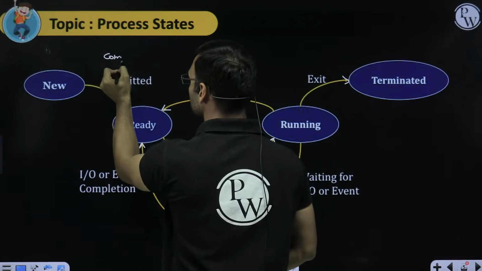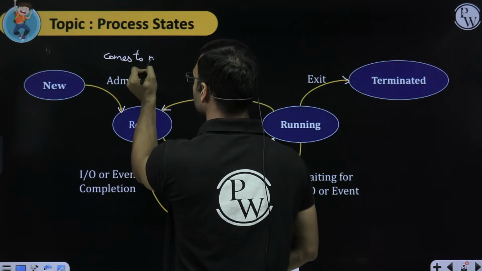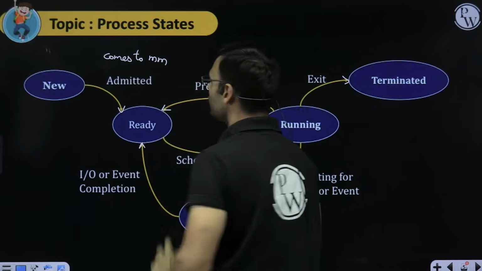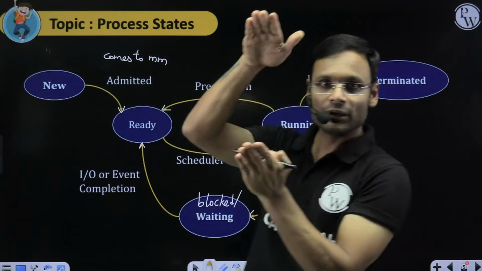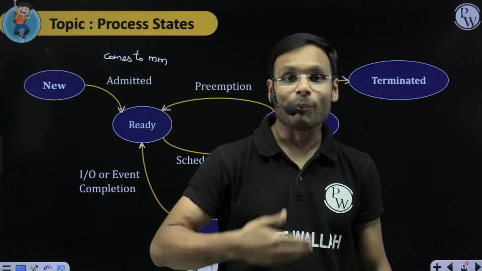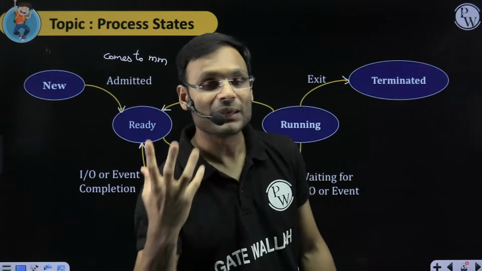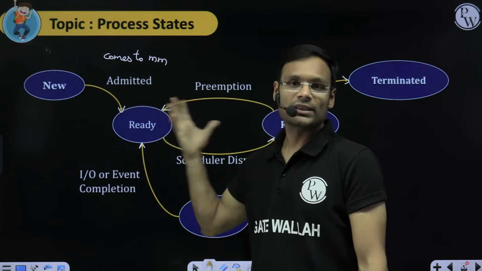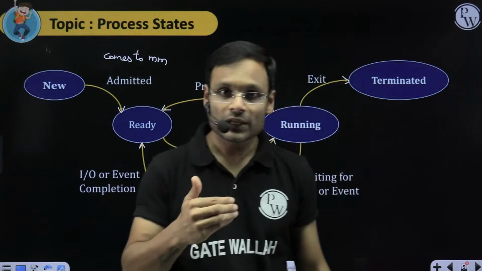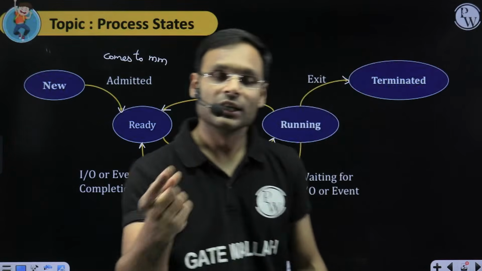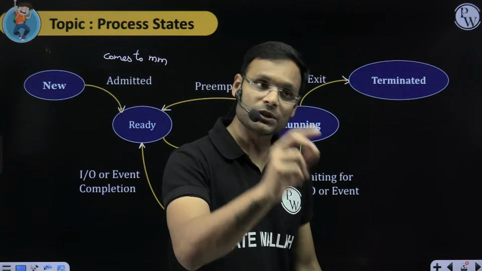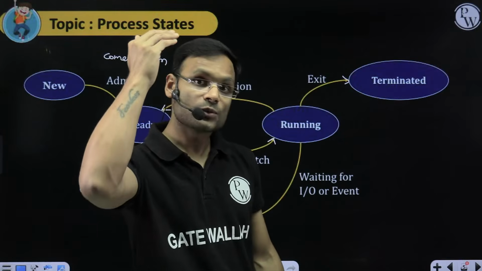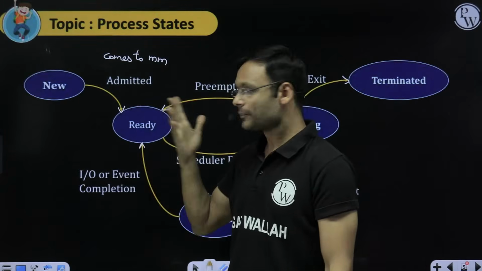The process is created in main memory and stored in four sections. The operating system will make its PCB, and the process will initially enter the ready state, just because as soon as you double click, the process is created, comes into main memory, and is added into the ready state.